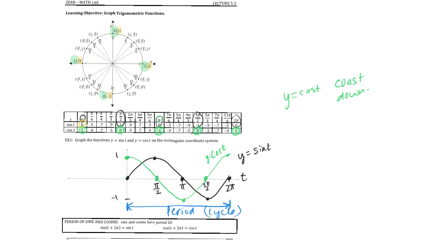If you put a t of, say, pi over 2, and then you went all the way around and added another full rotation, so you added 2 pi, you get right back to the exact same point. So the output, the y value, the sine, would be the exact same. It would still be 1. The same thing with cosine. If you're adding 2 pi, you're just rotating around the unit circle an entire time, so you end up right back where you were. So the period for both sine and cosine is 2 pi.